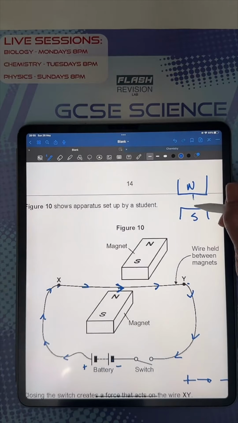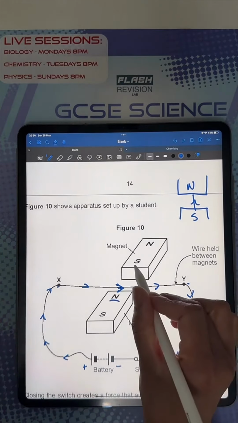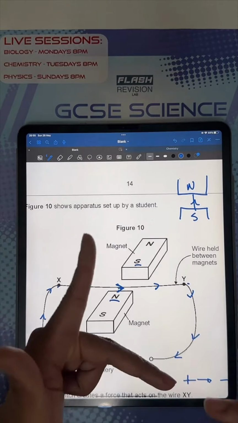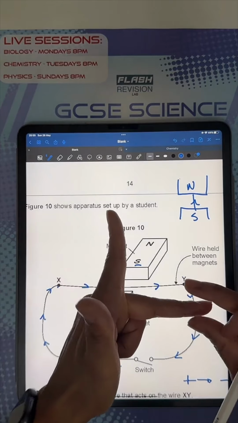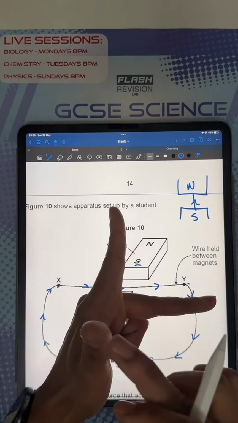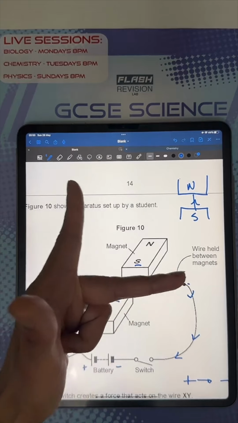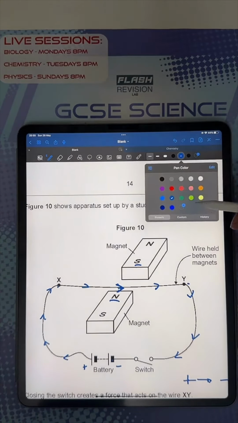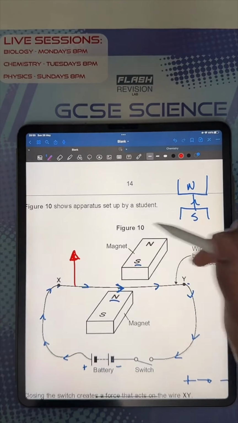So here's the north, here's the south, and the Y is between it. So our first finger is going to go from north to south like this. Line up the two, and then you can see, look at the direction the thumb's going in, it's coming up out of the page, isn't it? So the Y is moving upwards. So the answer would be upwards, drawing the arrow like this.